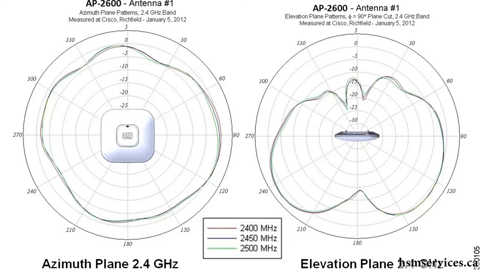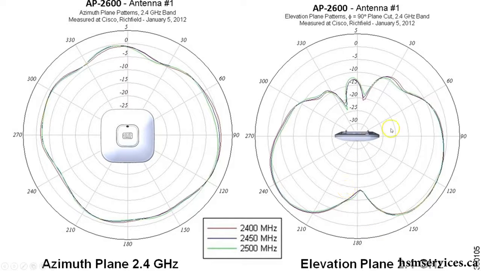So you can see it's not a perfect circle. That's because there's various electronic components inside the access point that affect the signal. It's even worse in the elevation plane.